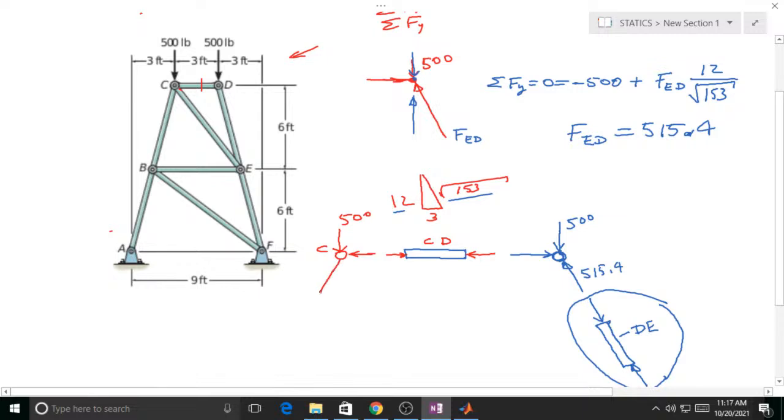Then you're going to have a load coming up here from FCE and FBC. So once you have this member force, you can just sort of translate it to right there.